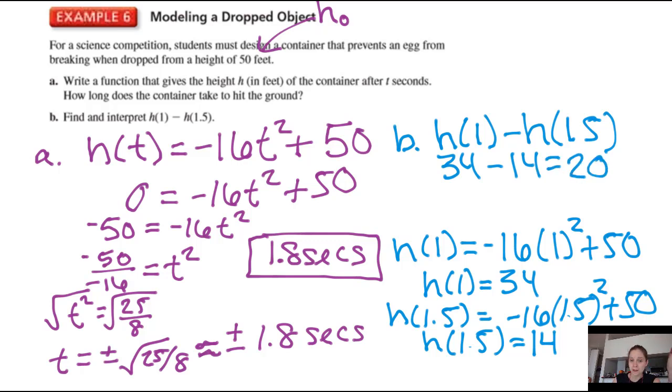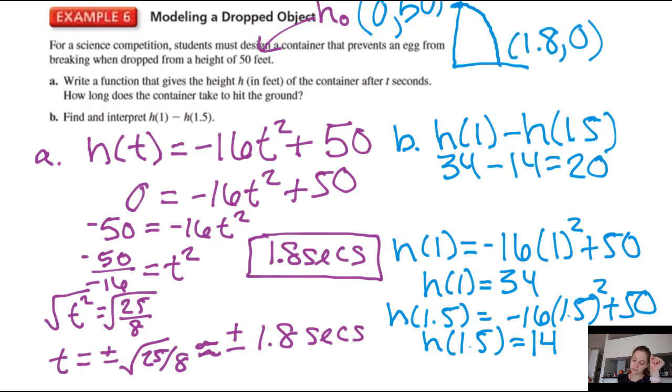And I'm supposed to interpret that. So I'm thinking I want to visualize this picture of this container being dropped at 0, 50 feet. It hits the ground at 1.8, 0 seconds. And so between, let's call this 1, 34 and 1.5, 14, I am finding the drop from h of 1 to h of 1.5.